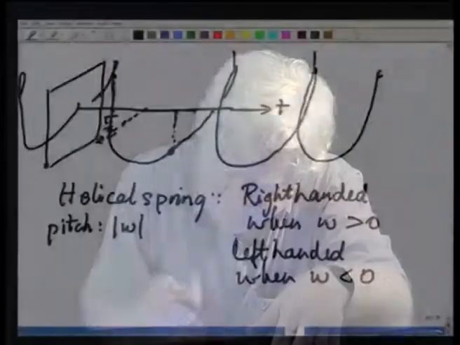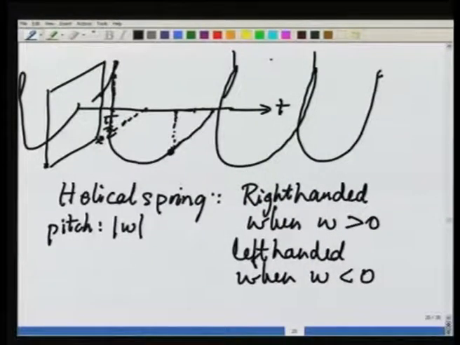In this case, the pitch of the spring is this. So, the pitch is related to mod omega, it is not equal to mod omega. Fine. And pitch is inversely proportional to mod omega.